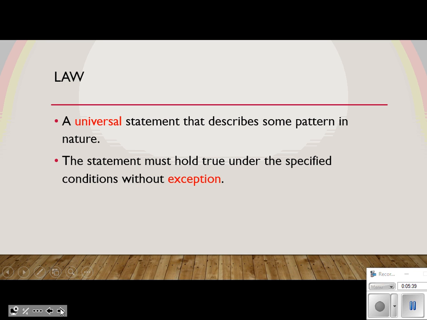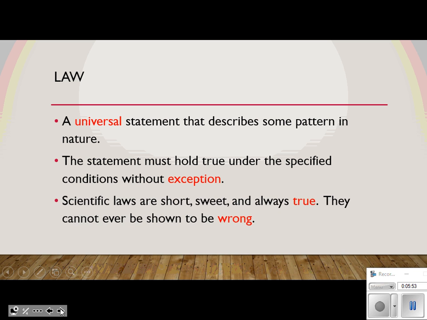That means that this statement is never wrong. Okay? The statement is never wrong under the specified conditions. A scientific law is short and sweet and always true. They cannot ever be shown to be wrong.